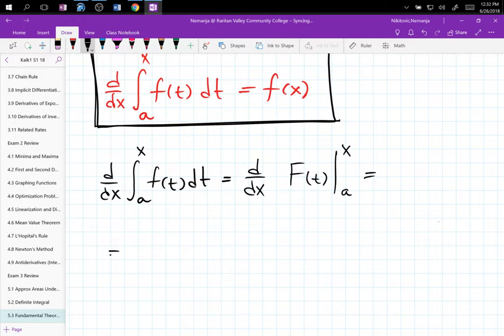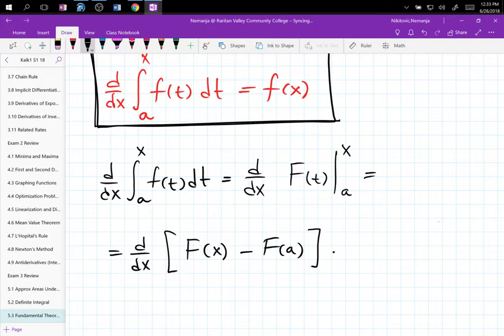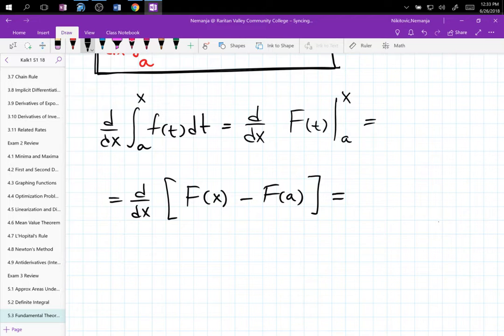Now, when I copy the derivative and plug in, I get F of x minus F of a. And now I have to take the derivative. Well, the derivative of the antiderivative is the original thing, so you have f of x, and the derivative of F of a, that's a constant, so minus 0, is just f of x.